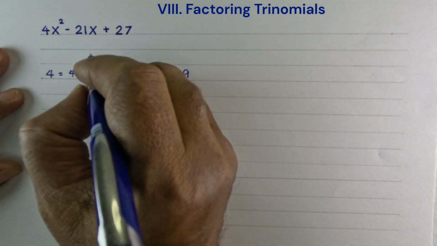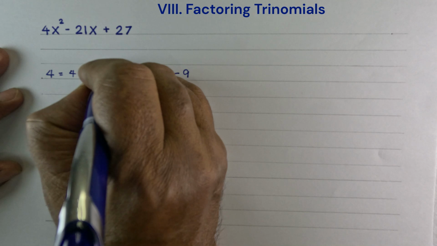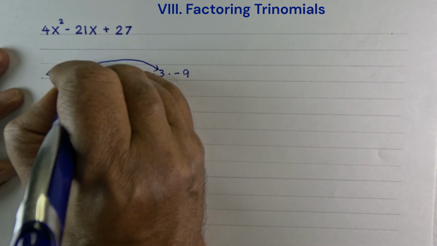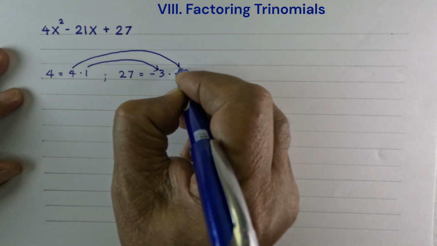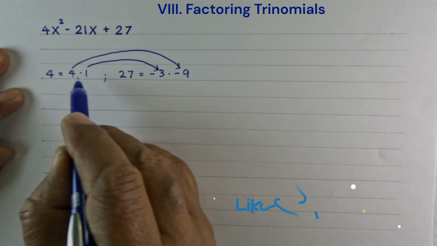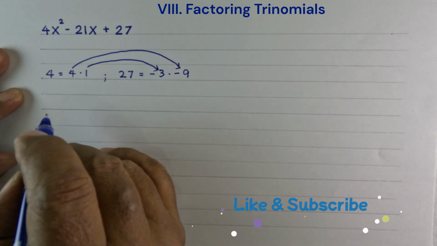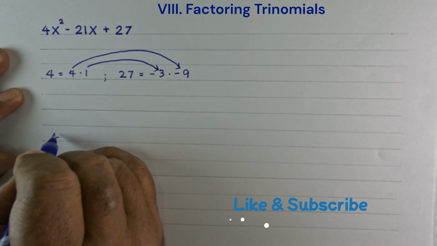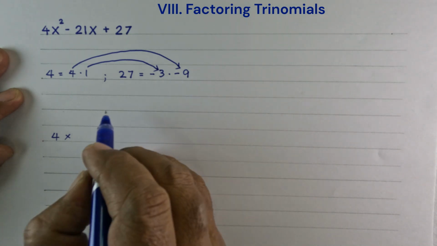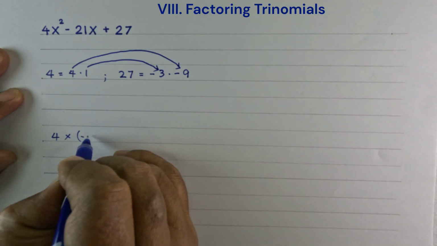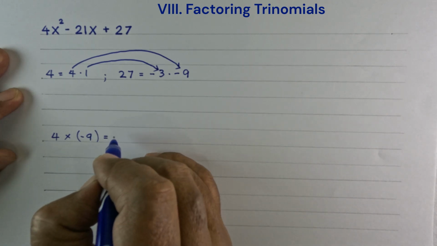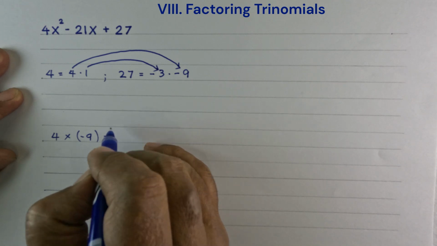So, we're going to get the product of the inner factors and likewise the outer factors. So, let's get the product of the outer factors. So that's 4 times negative 9. That's equal to negative 36.